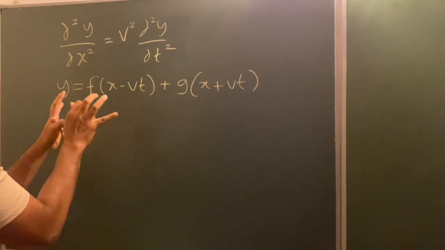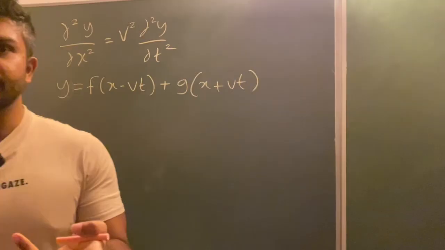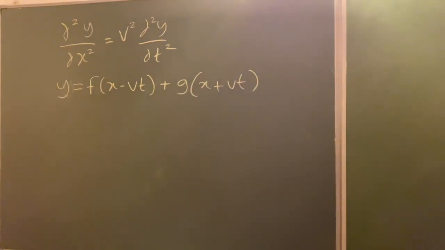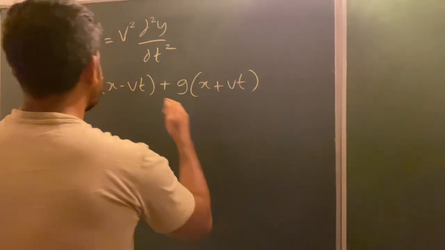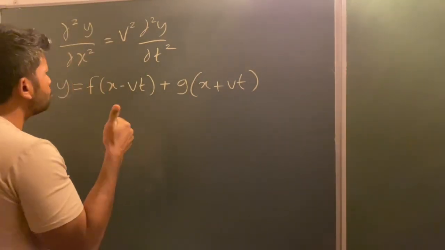I don't know whether this is a solution yet, and you can't just find solutions out of nowhere like that. So I'm going to find out whether this is a solution.